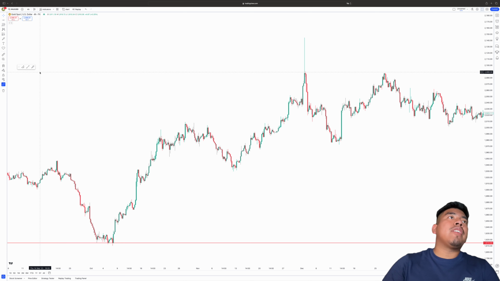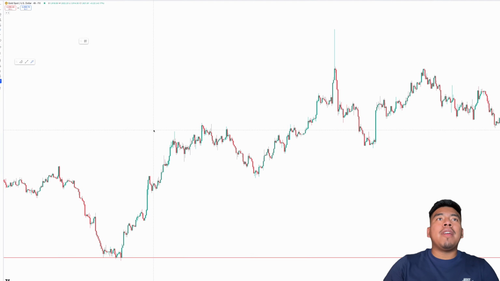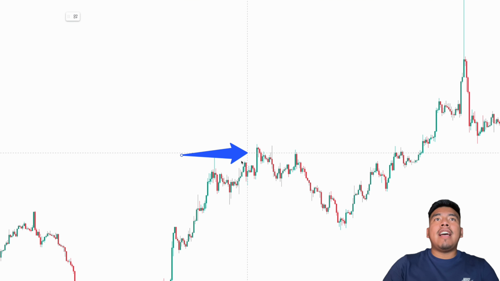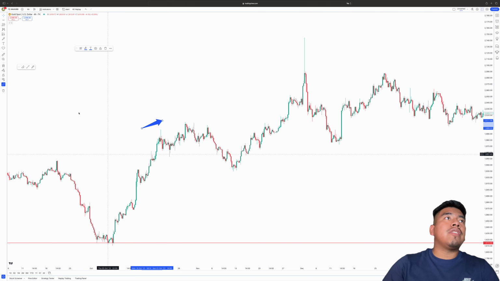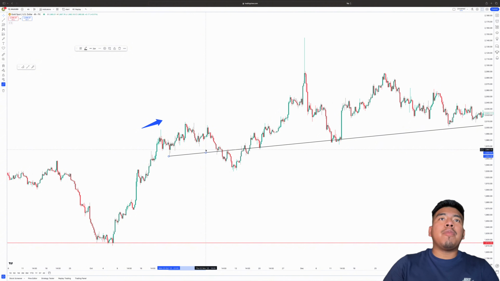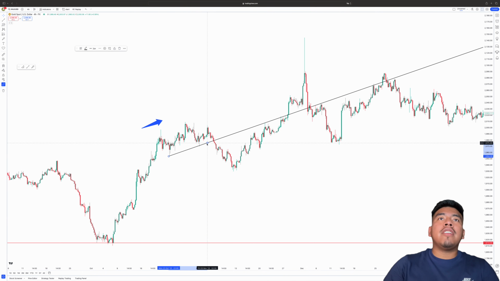A good way to see why this is a top: we can see a shoulder, a head, and a shoulder. And then we can also see a break of structure over here, confirming the head and shoulders pattern, confirming gold price would continue to go lower in this scenario. So we can now mark this as the top of the Fibonacci.